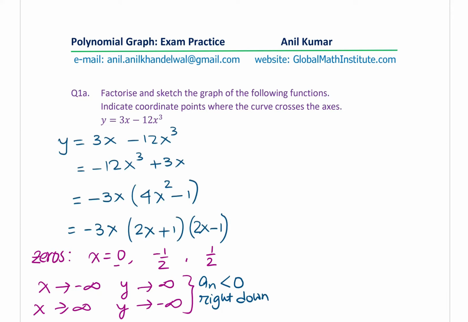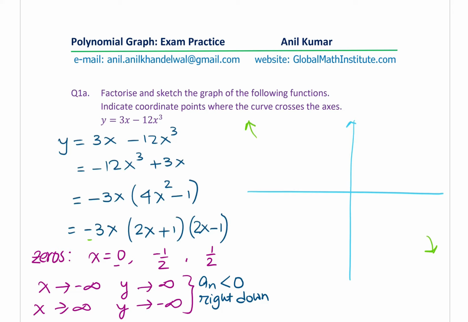When you sketch the graph, let's say that is the x-axis and that's the y-axis. From the characteristics of end behavior, we know that the leading coefficient is negative, which means the right side is down and the graph is going to start from the opposite end since it is a cubic function.